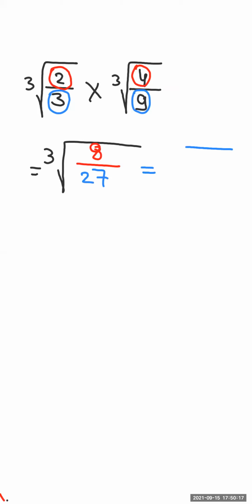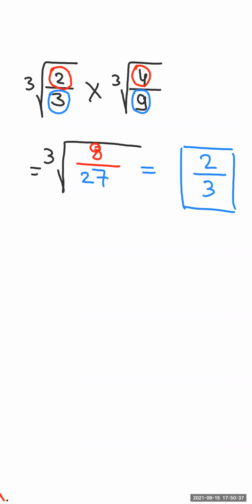So now it will become cubic root of 8 over cubic root of 27, which is 2 over 3. The answer will be 2 over 3.